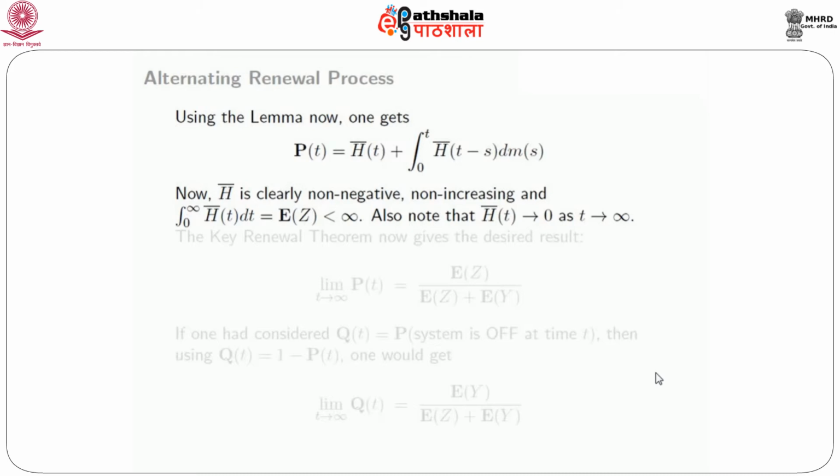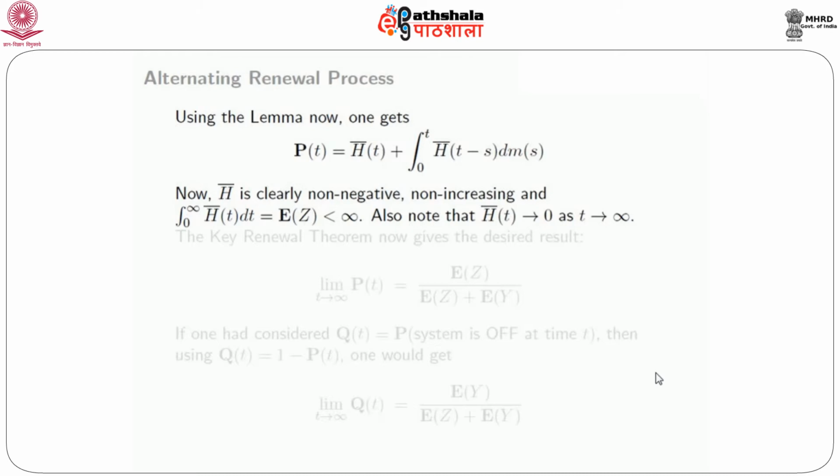Now notice that H bar, which is the tail distribution or survival function of a distribution, has to be non-negative and non-increasing, and secondly the integral of H bar(t) dt, which is the integral of the survival function, the integral of the tail probability, gives the expectation of the on time Z.